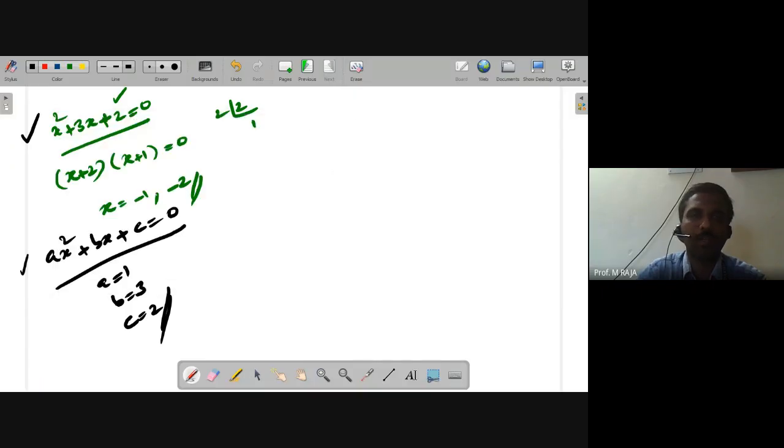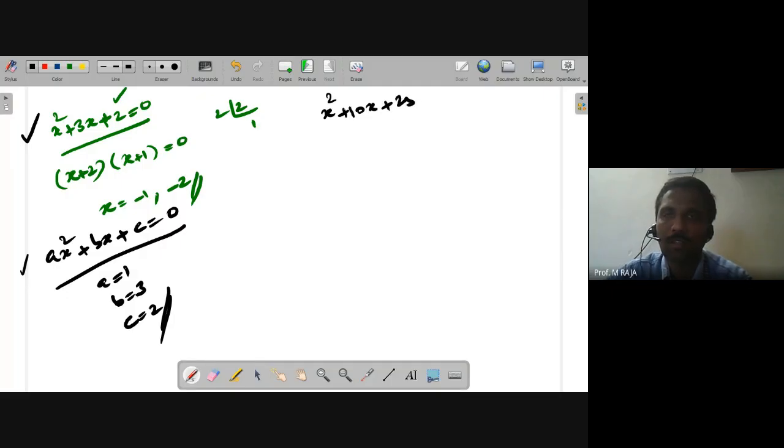Okay. Then have another one. Suppose x square plus 10x plus 25 is equal to 0. So 25 is split into 5 and 5.